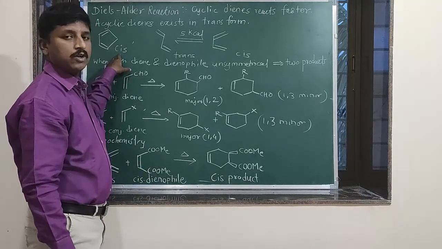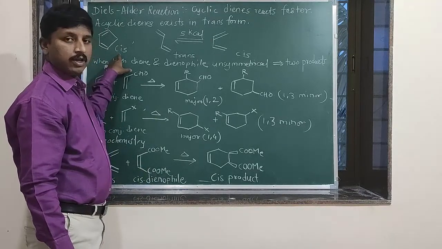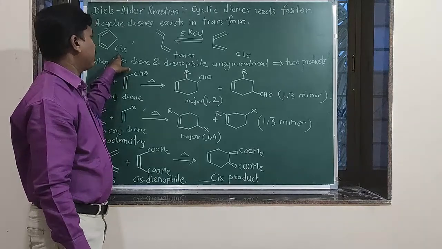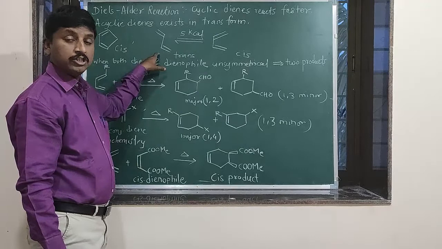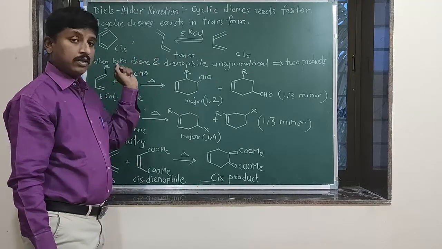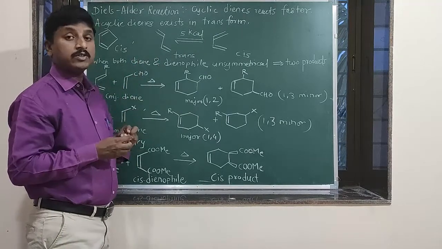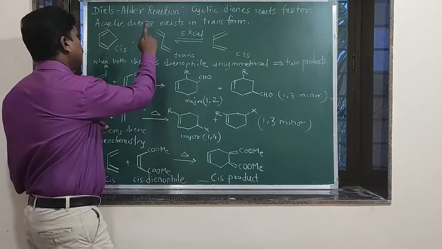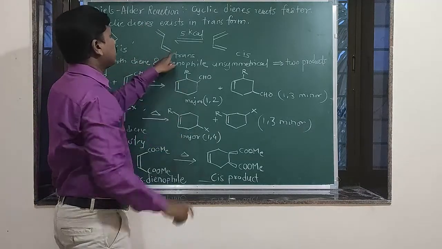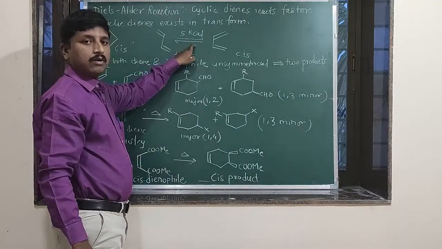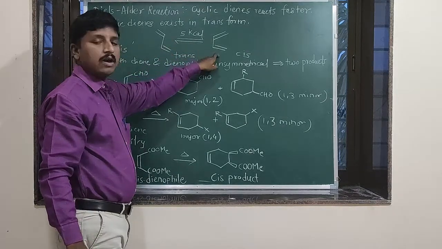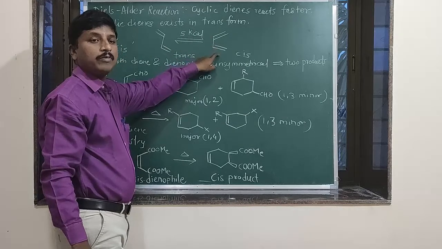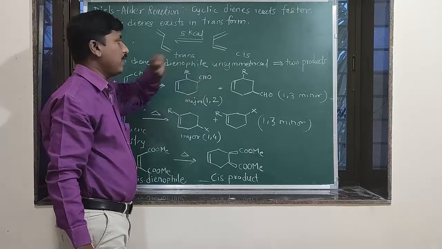So these undergo the Diels-Alder reaction more quickly than this 1,3-pentadiene, which is in the trans form. Whenever there is a trans form, it may be converted into the cis form by heating. By heating, an exchange of chemical energy takes place and it is converted into the cis form, and that cis form of the diene may undergo the Diels-Alder reaction.